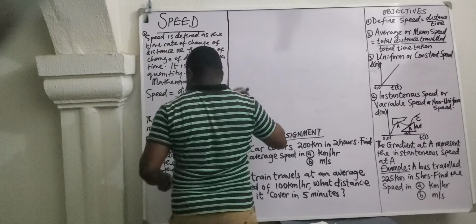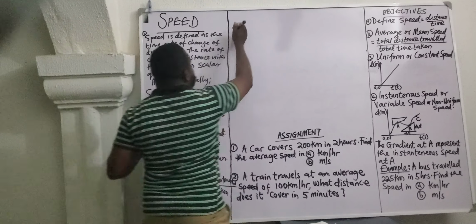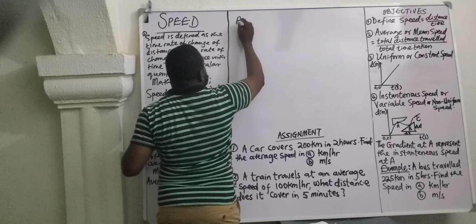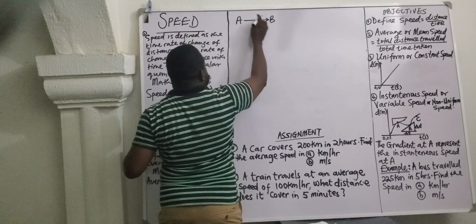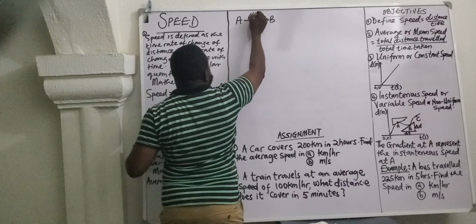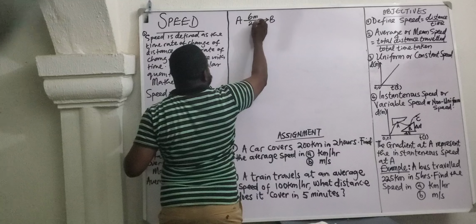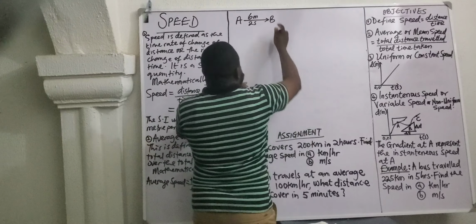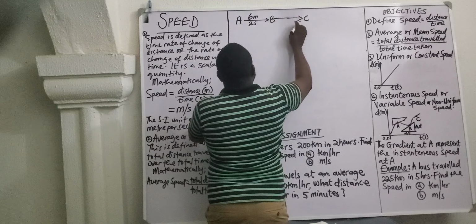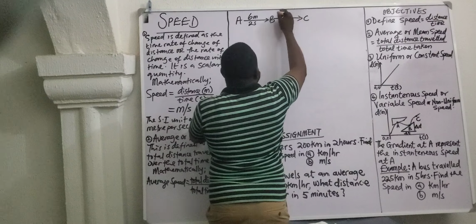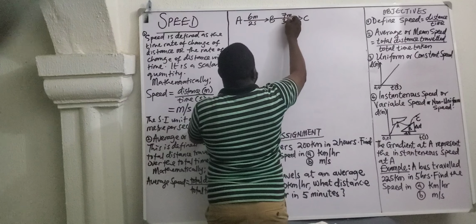Now, let's take a little illustration for this average or mean speed. If we have a body that moves from a point A to a point B and the distance is 6 meters, taking a time of 2 seconds. Then it moves from point B to point C, a distance of 7 meters, taking a time of 3 seconds.